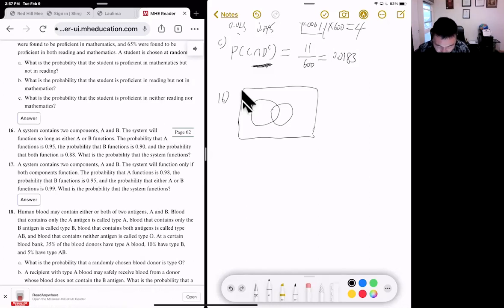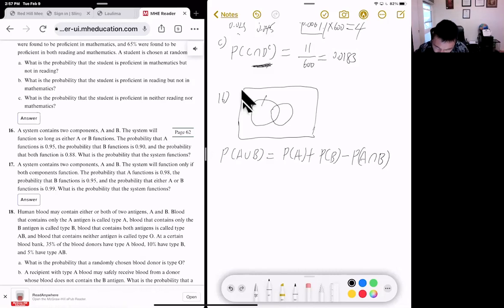The question tells us the system functions as long as either A or B functions. So that will be P(A or B). So that is equal to P(A) plus P(B) minus P(A and B).